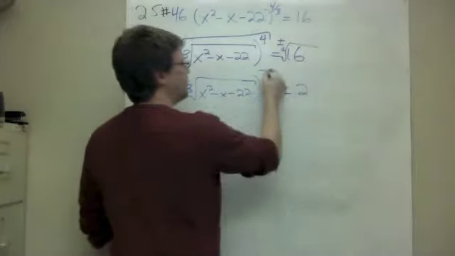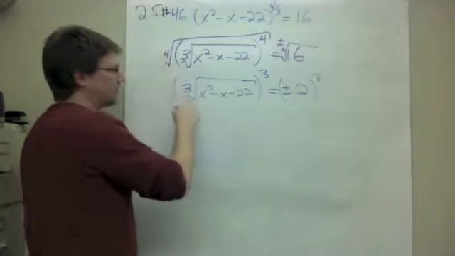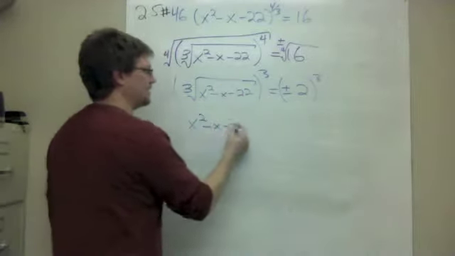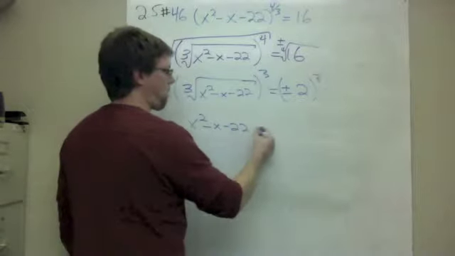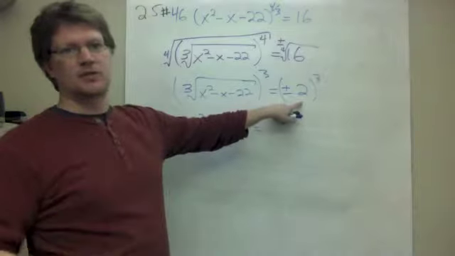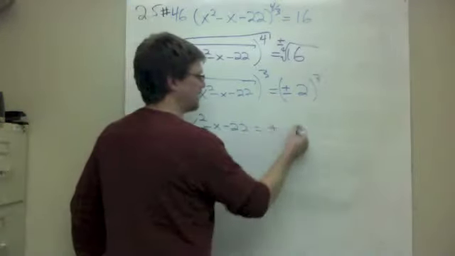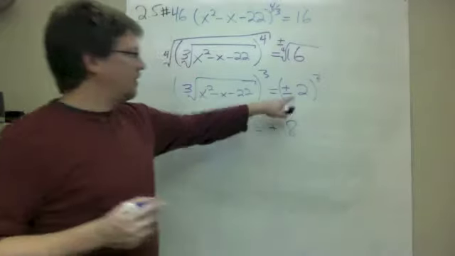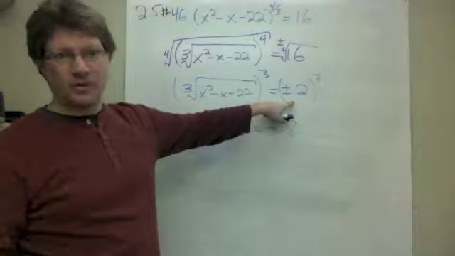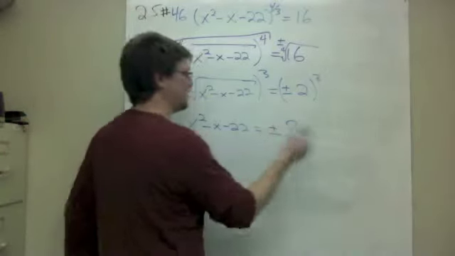So if we cube both sides, the cube and the cube root will cancel out. X squared minus x minus 22. The positive 2 cubed is 2 times 2 times 2 is 8, plus times plus times plus is plus, so we're going to get plus 8 as an option. The minus 2 cubed: minus times minus is a plus, times another minus is a minus. So we're going to get a minus 8 as well.